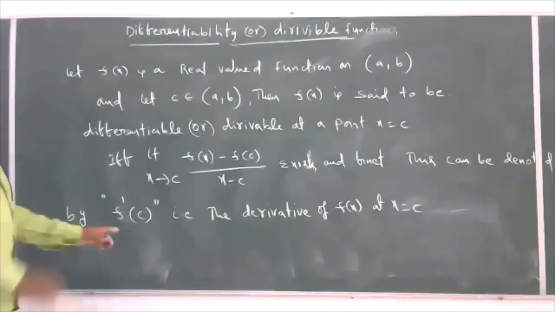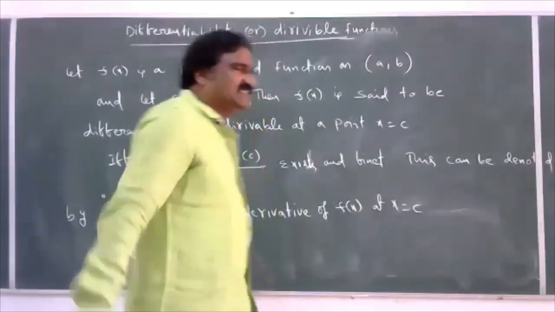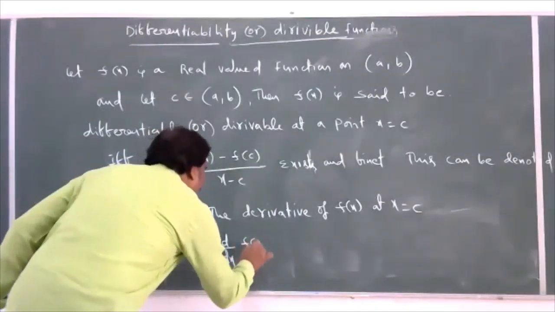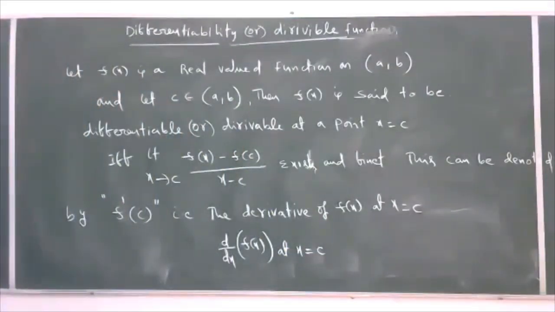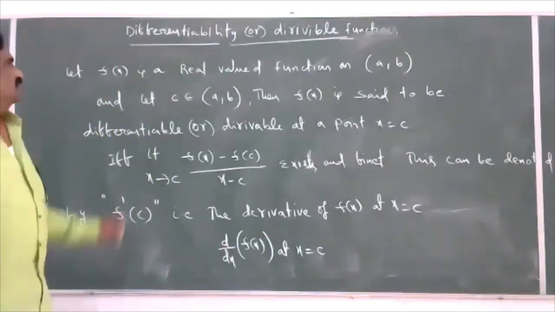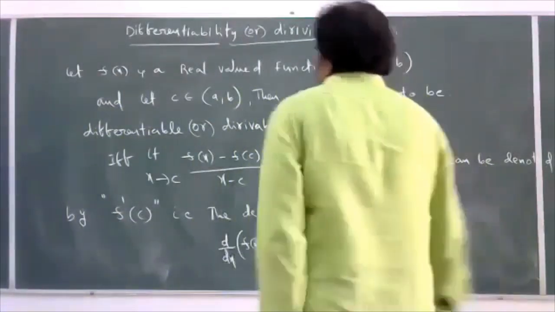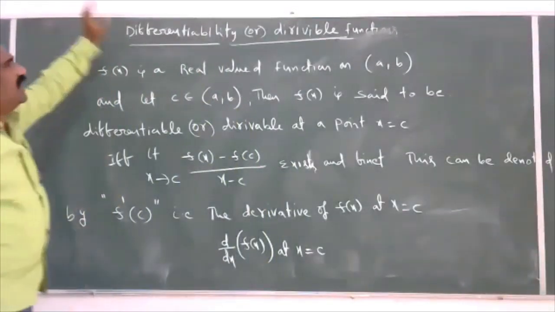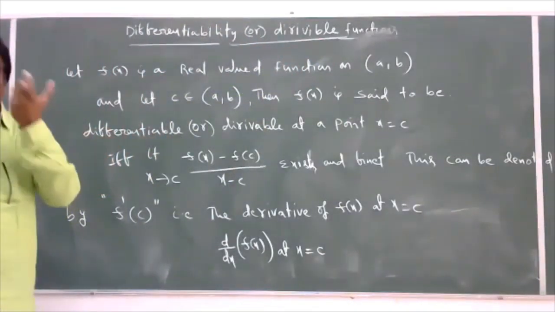This can be denoted by f dash c, that is the derivative of f of x at x is equal to c. That is, d by dx of f of x at x is equal to c. So this is a differentiable function at a point x is equal to c. Already you know what is meant by derivative. So this is called the differentiability or derivable definition at a point, the differentiation of a function at a point.